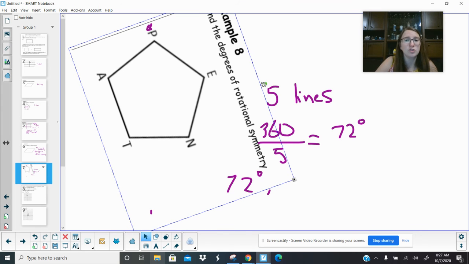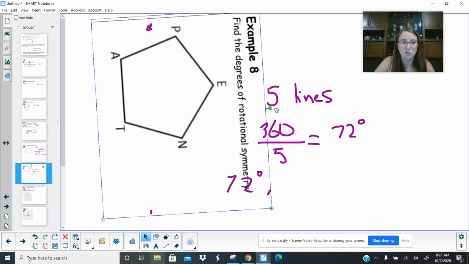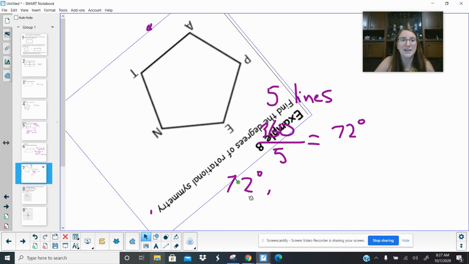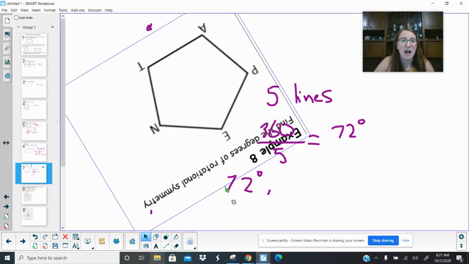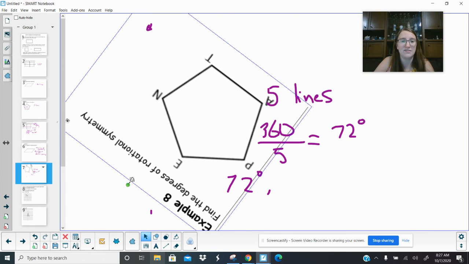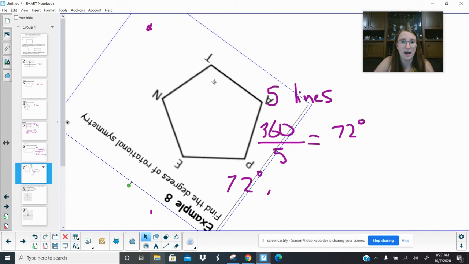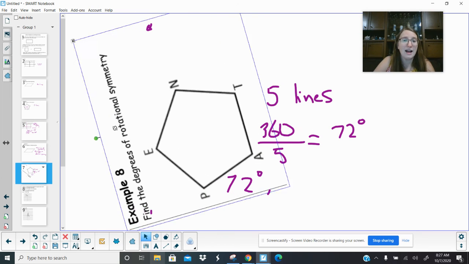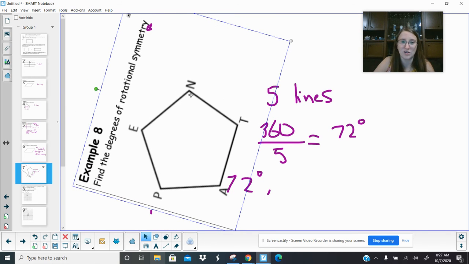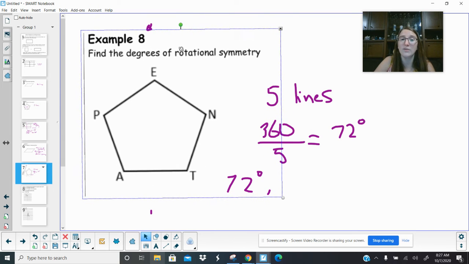That is a 72-degree rotation. But I can rotate it another 72 degrees and end up back at the same spot again. I can rotate it another 72 degrees and end up with that point at the top. I can rotate it another 72 degrees and end up with this point at the same spot, and then I'm all the way around.